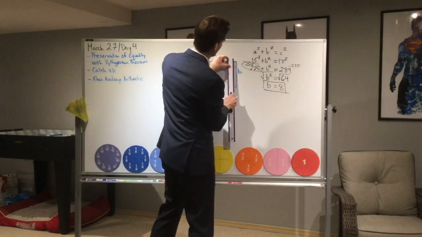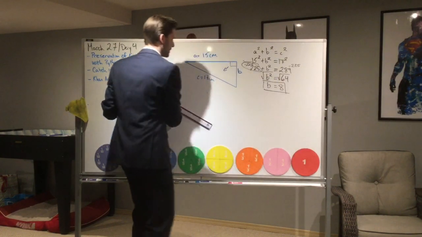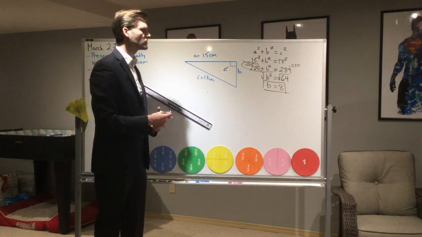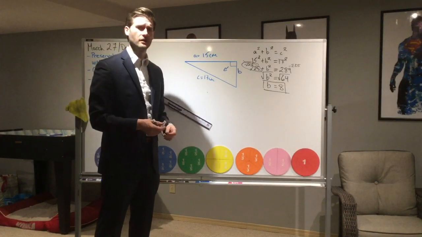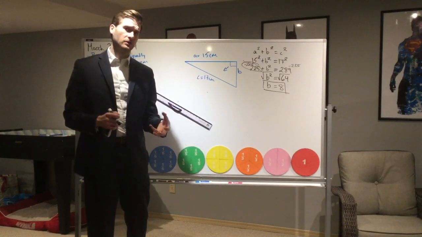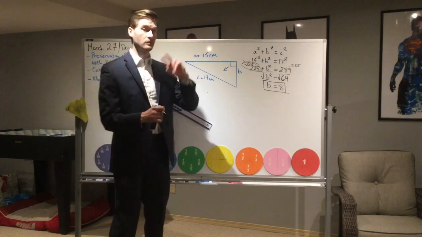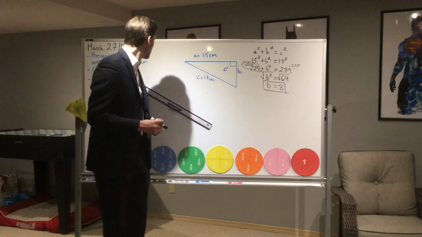And I'm just going to take a quick measure of that, and it is roughly 8 centimeters. So that's how you're using the preservation of equality to make sure that you're solving a problem. It doesn't matter what side of the triangle you're solving for, as long as you know 2, you can find the other side using the Pythagorean theorem.